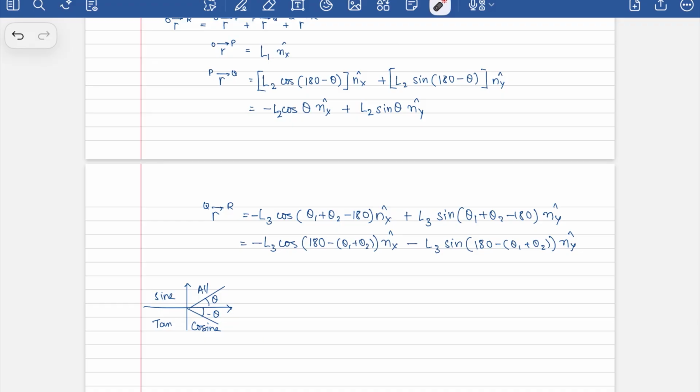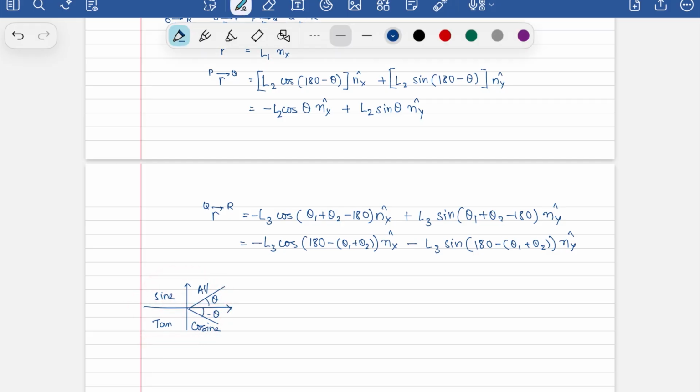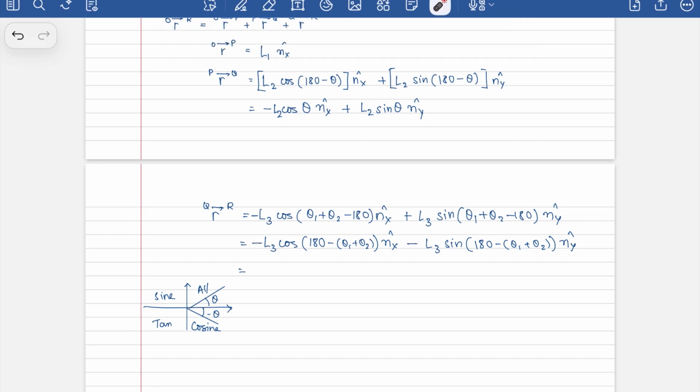Why did I write it in this way? Why did I change it to be this way? Because all of this is written with reference to something. So it's 180 minus that would give you everything that you have here. So let's now look at this. So cos of 180 minus theta. So you're going from the horizontal, 180 minus theta. Only sine would have been positive, which means that this here becomes minus cos of whatever angle.